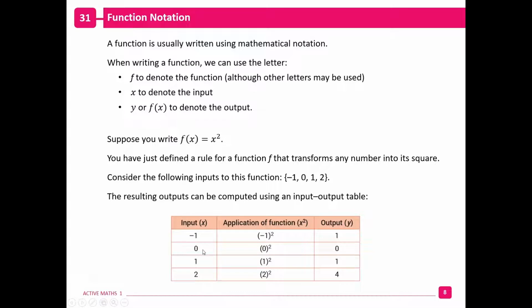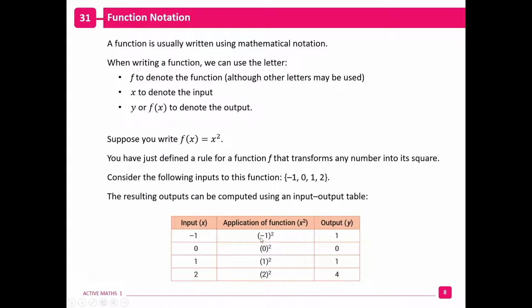We could use this symbol instead in our title. So we're going to list each of the inputs, one under the other, and we're going to perform the calculation, the rule in the middle box. So you'll notice that we start off by simply writing the rule again, but we know what our inputs are now, so we're not going to be keeping it as x squared. x is simply the input, so for this box here, the input is -1.